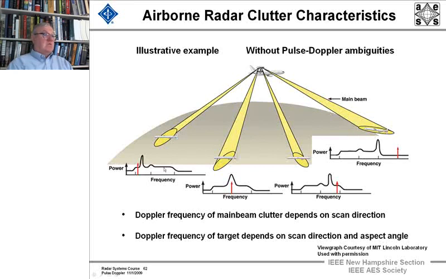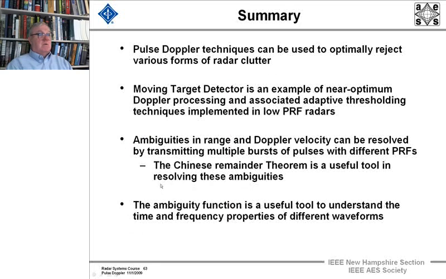So the target sometimes will compete with side lobe clutter, or up here, this cruise missile, an example of a target, would be going straight at this aircraft. You'd be having a very high Doppler frequency, and it would be competing just with receiver noise. But tail on, it would be closer to 0 Doppler, and it would be far smaller Doppler.